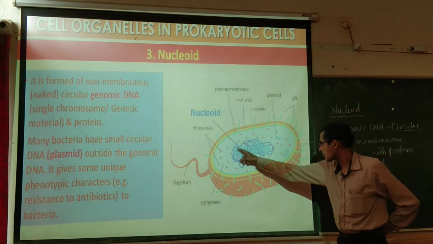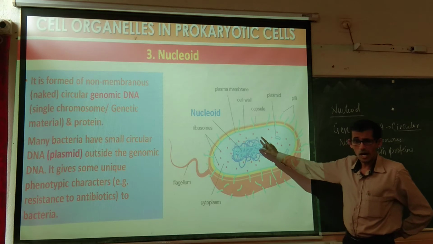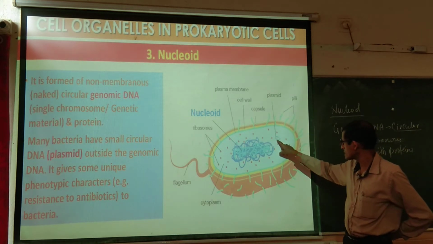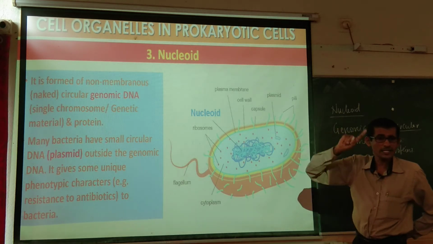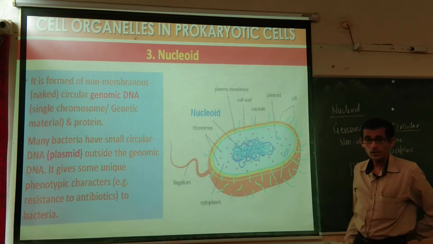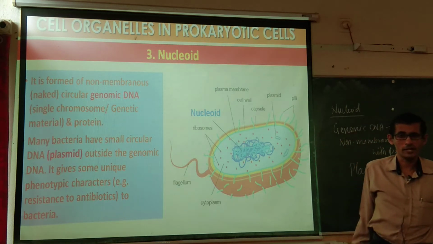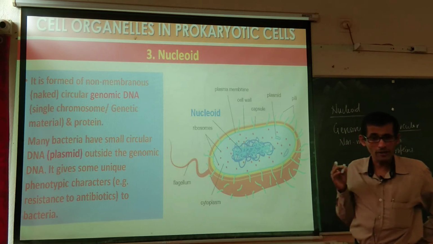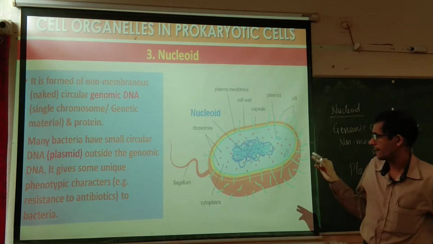Outside the main genetic material, in the cytoplasm, there is an additional small circular structure, and that is called plasmid. It is an extra chromosomal body, extra genetic material present outside the nucleoid structure.